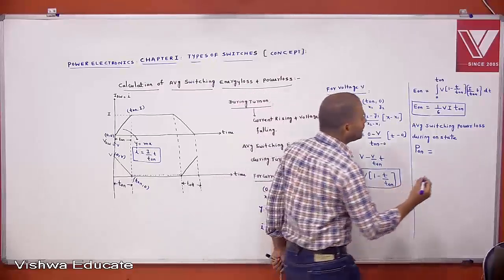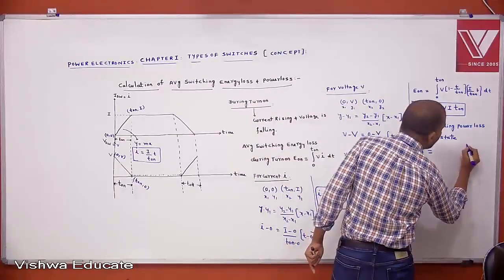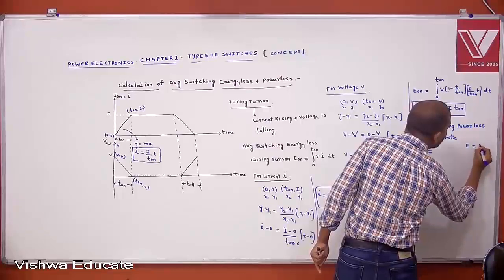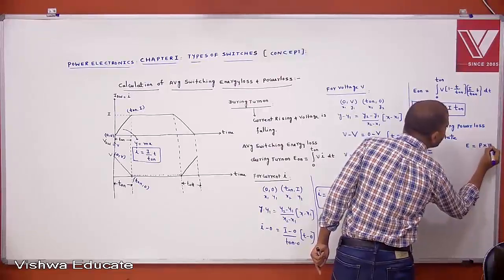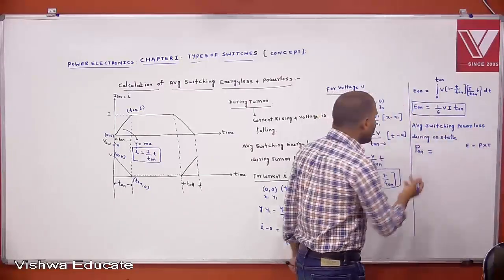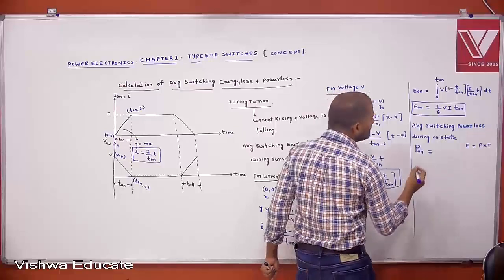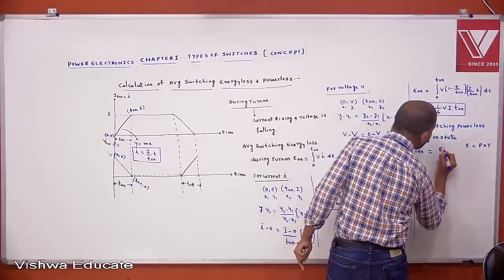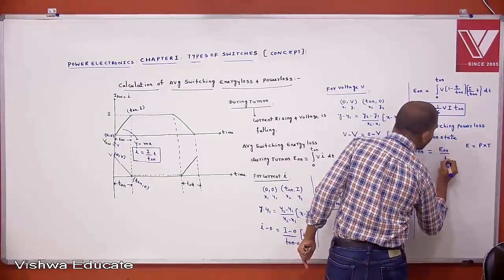We know that energy equals power into time. But I want power, so power is the on state energy loss by time.